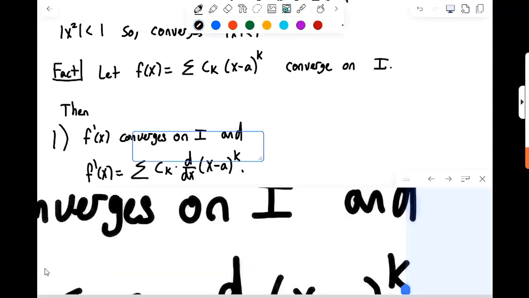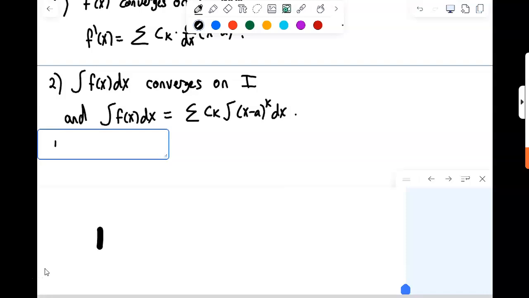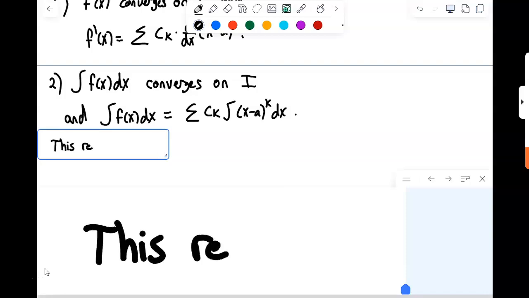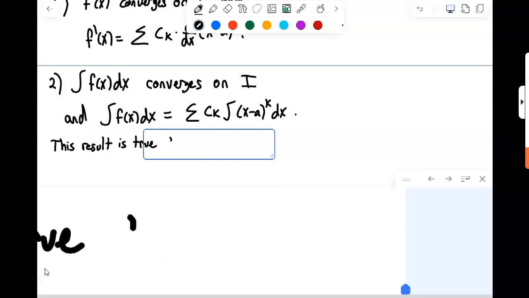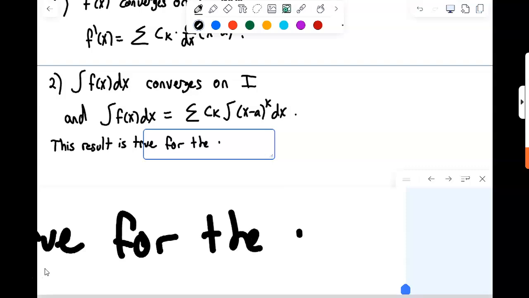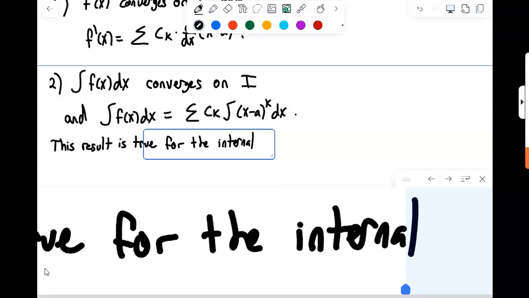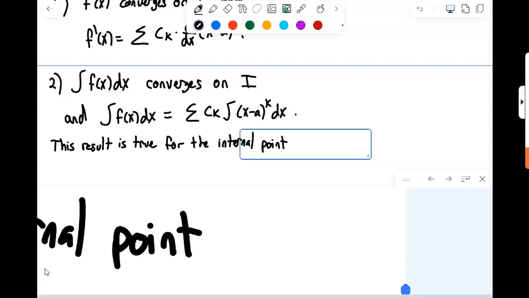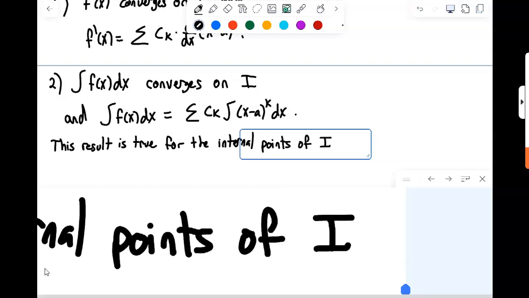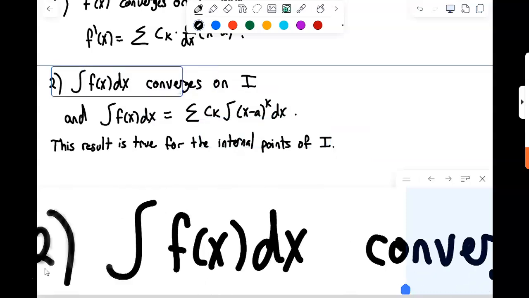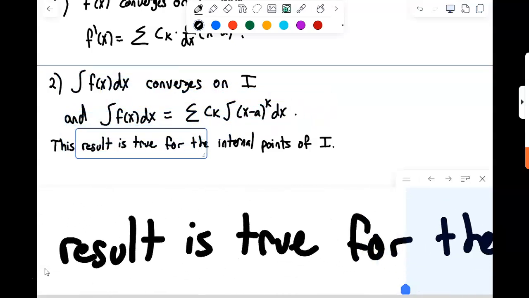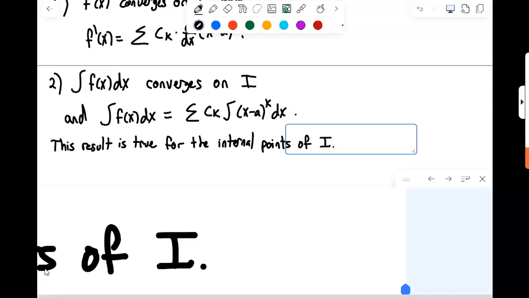Now, one important note: this result is true for the internal points of I. So if the original series included an endpoint or two, we don't know if that's going to be the case for their derivatives or integrals, because this result only holds for the internal points.